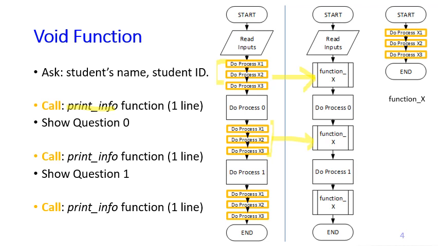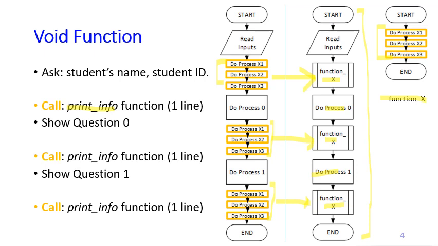Okay, and then in a separate place we need to define that this function, the function X, or in our case it is called the print info function, does these 3 rows. So now your main algorithm looks much cleaner, simpler, and easier to follow, because every time it's just call the print info function, show the question, call the print info function, show the question, and finally call the print info function.